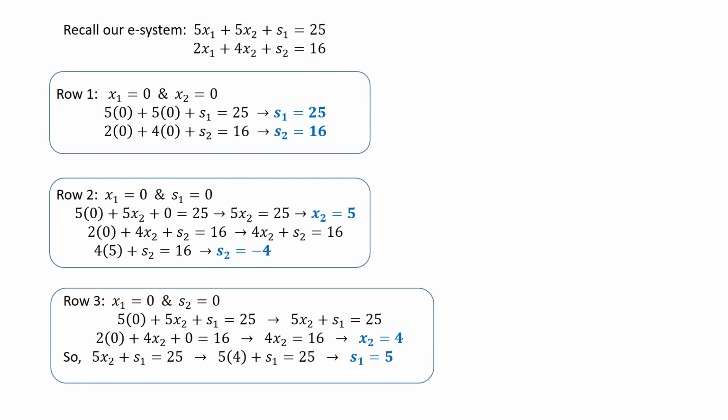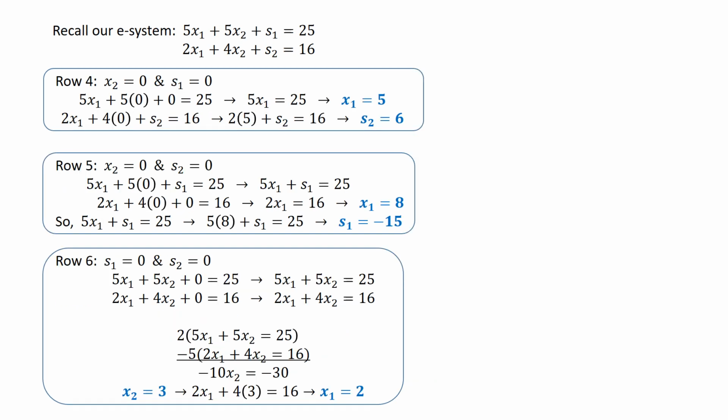So I can take x2 and plug it into 5x2 plus s1 equals 25, and I can now find the value of s1. So I have 5 times 4 plus s1 equals 25, so s1 equals 5. And the next slide continues this for row 4, row 5, and row 6.